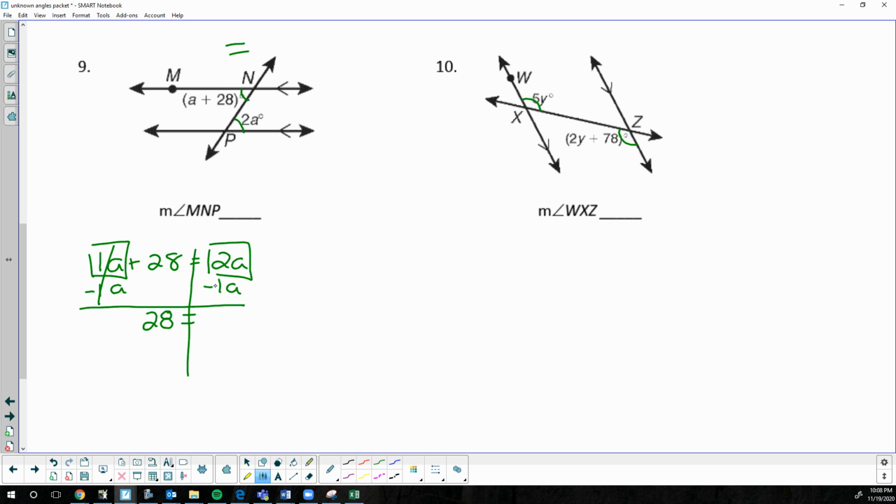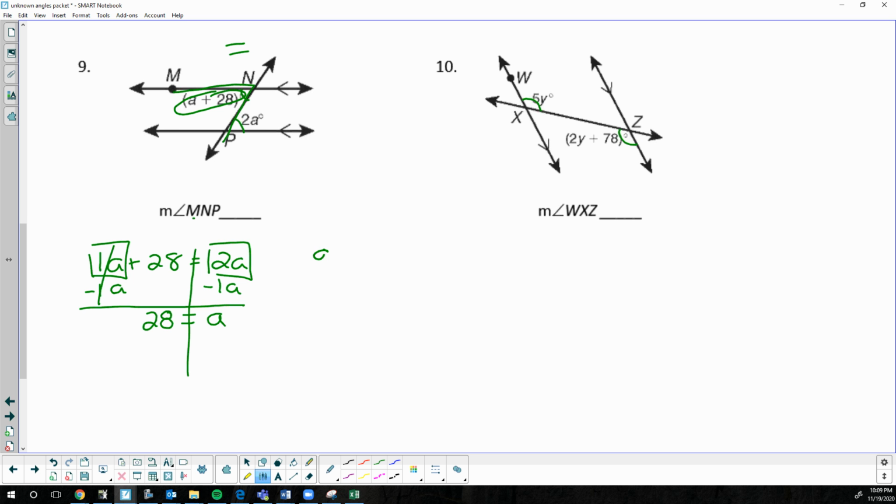And then we have 2a minus 1a. So this is where that shortcut comes in. 2 minus 1 is 1, and 1 can be invisible if it's in front of the letter, so I can just write down the a. So we're done with this step. Now we have to figure out what MNP is. That means we have to figure out what this is.